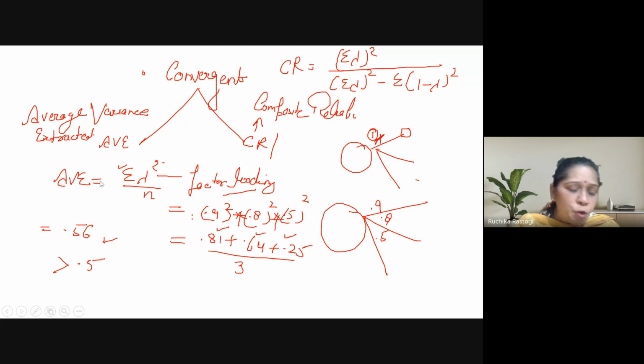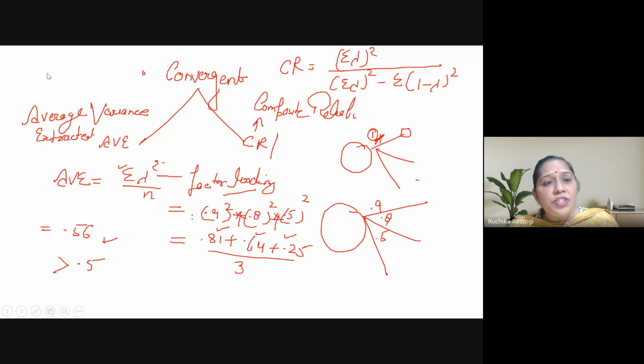Do you understand the difference between AVE and CR? Anyone who understands the meaning of convergent? Basically, what does convergent analysis do? Let me tell you.